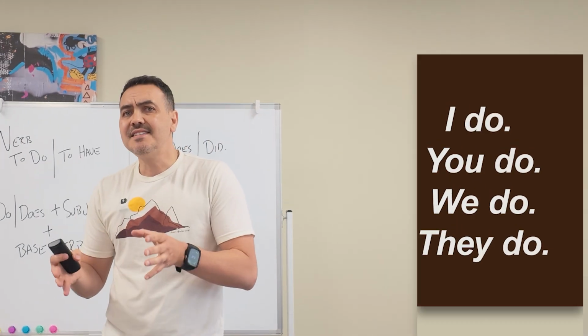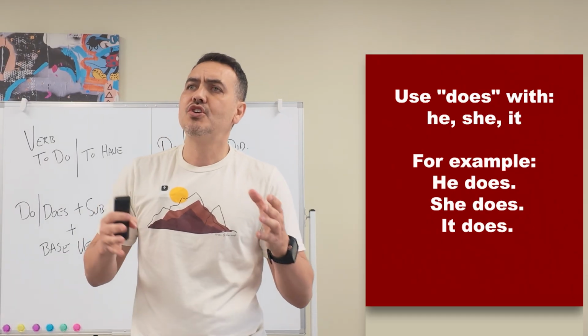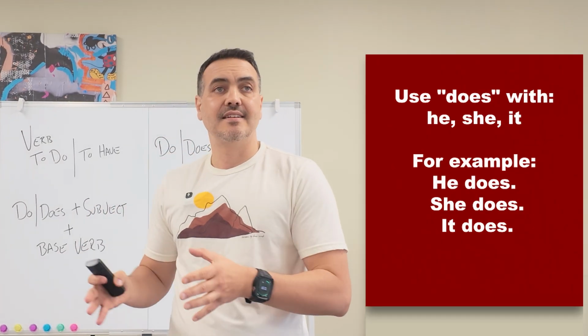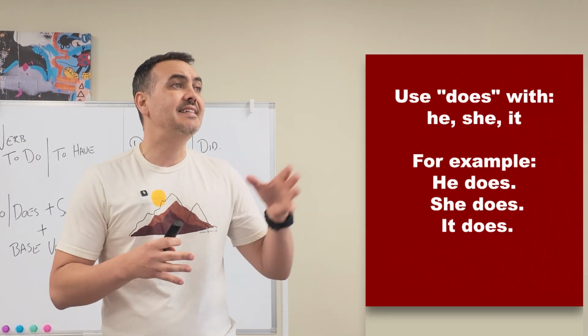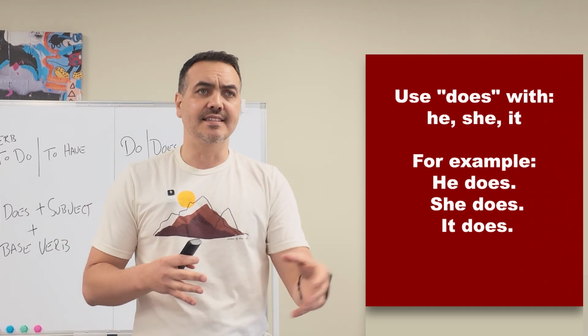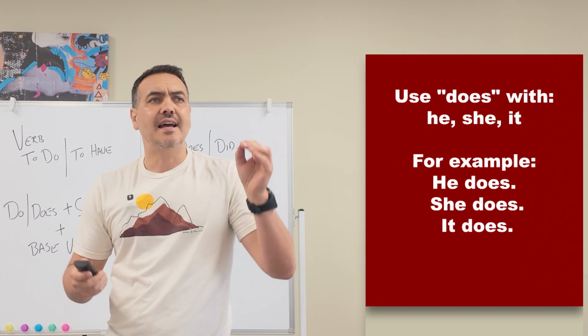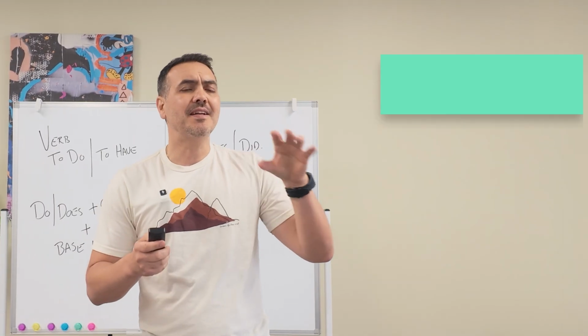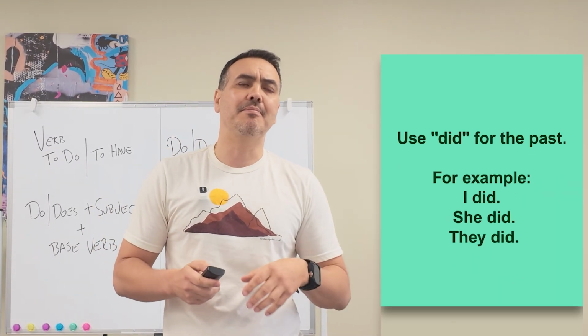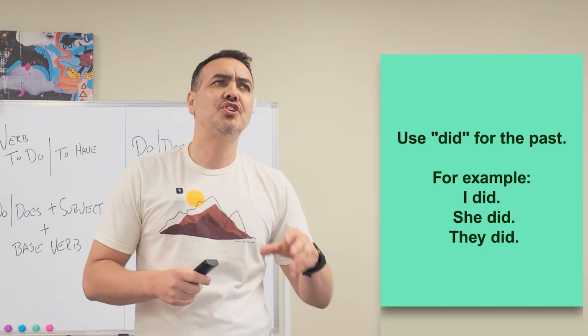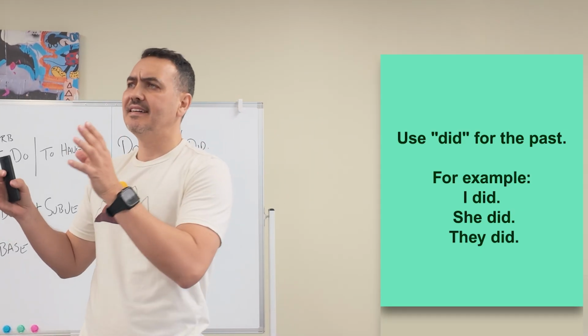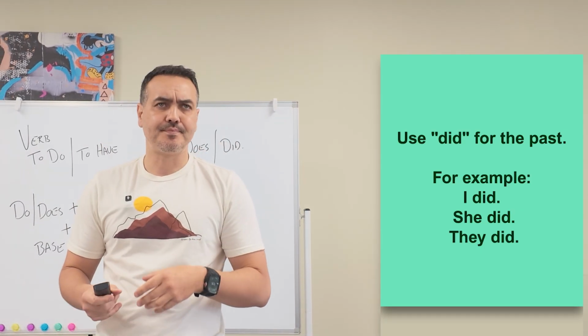Use does with he, she, and it, okay? For example, he does, she does, it does, okay? And we use did for something that happened in the past. For example, I did, she did, they did, okay?